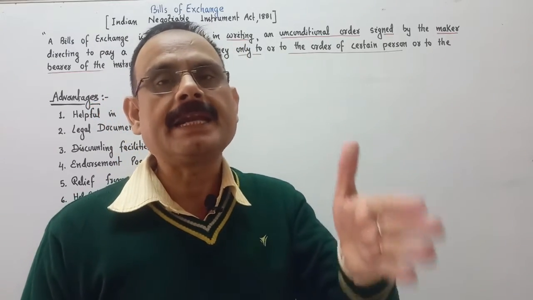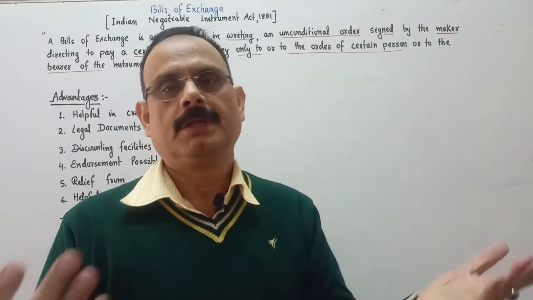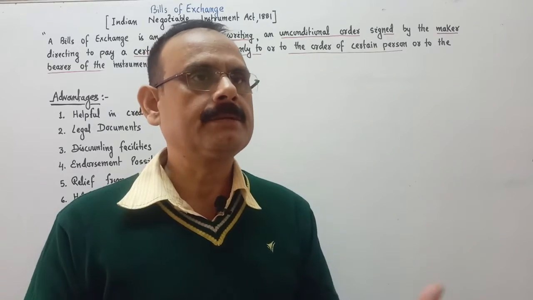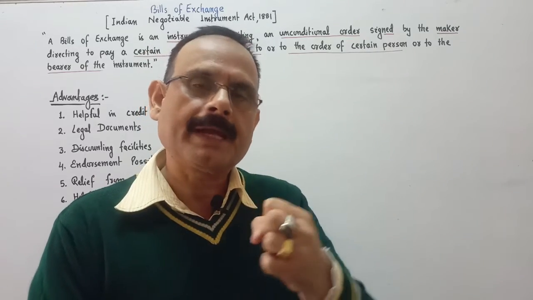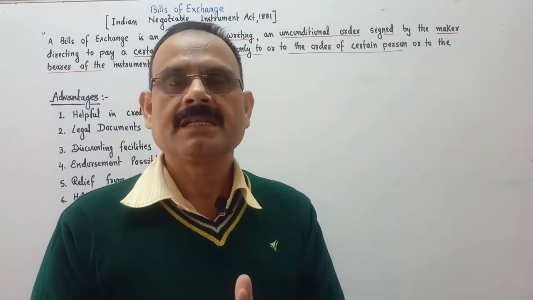They get a credit period of 2 months, 3 months, so accordingly their business will grow. If we get goods on credit for 2 or 3 months, then with a smaller amount of capital we can do a big volume of business.